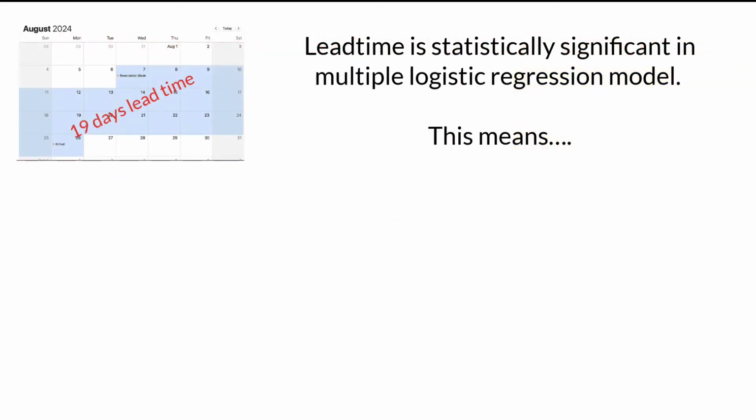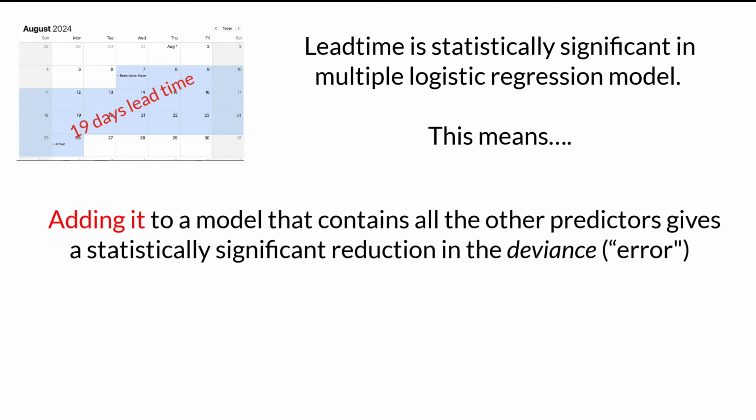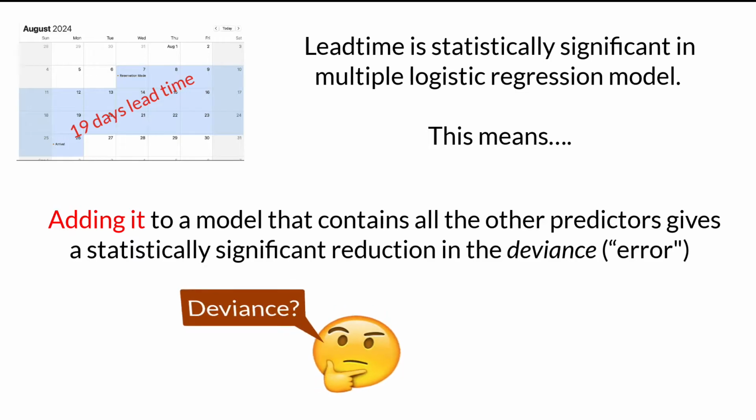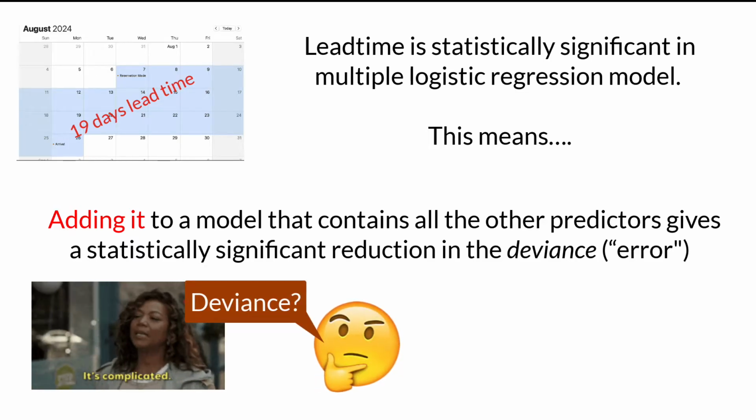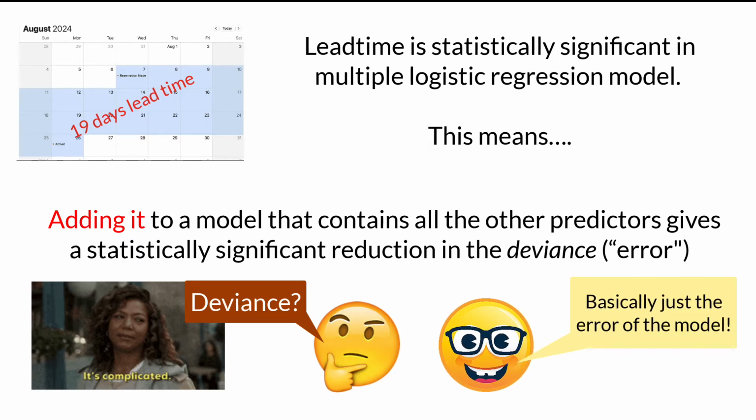For example, lead time, which is statistically significant. Being statistically significant tells us that if we started with a model with the other predictors in it and then added lead time to it, we'd get a statistically significant reduction in the deviance of the logistic regression model. Now, what's the deviance? Well, it's complicated, but we can think of it as a type of error made by the model. Lower deviance means we're closer to a perfect fitting model, a lower error overall.